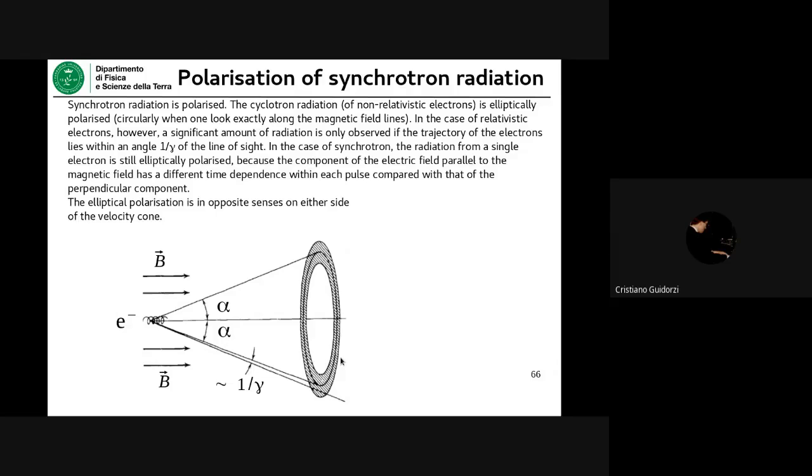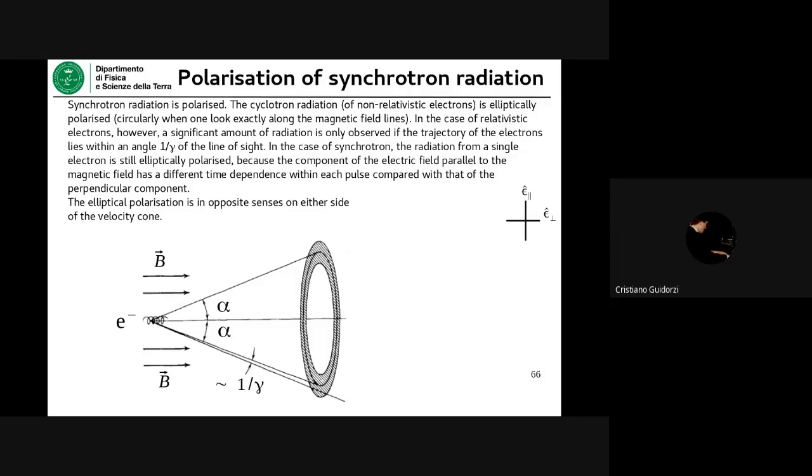In principle, at any direction, but as a matter of fact, because of relativistic beaming, most of the radiation will be observed only when the line of sight lies within this relatively narrow border around the velocity cone.